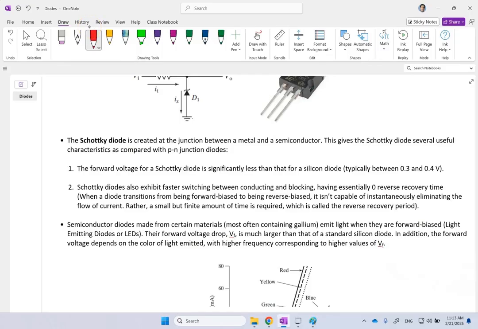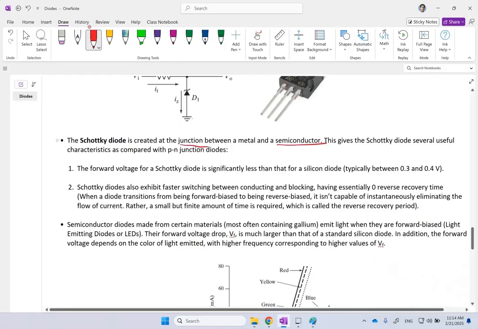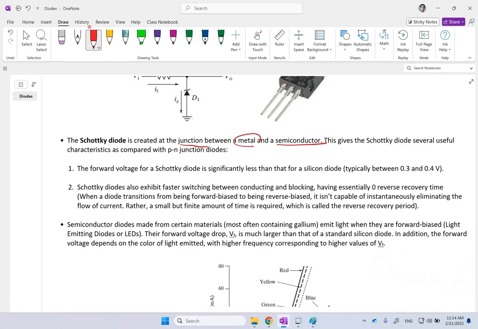But in Schottky, what we do is create a junction between a semiconductor and a metal. Okay, and when you add metal to the semiconductor, they have some advantages or characteristics compared to the PN ones. What is it? First of all, their forward voltage, the voltage you have to overcome to go in forward bias, is less than silicon ones.